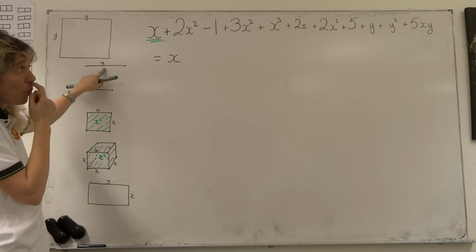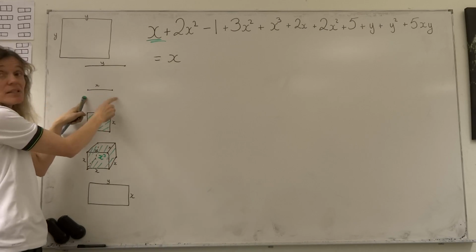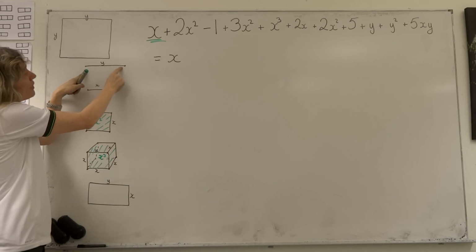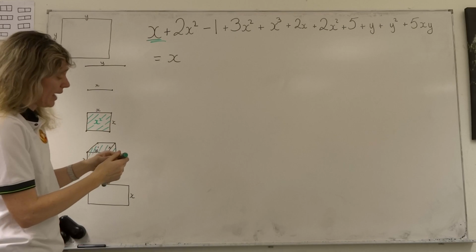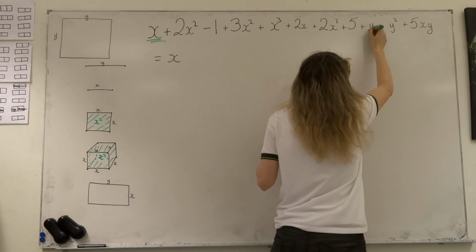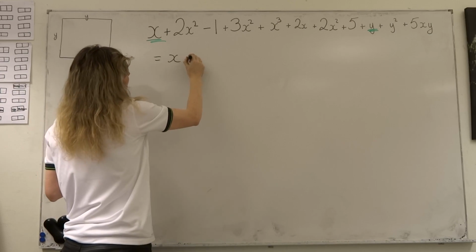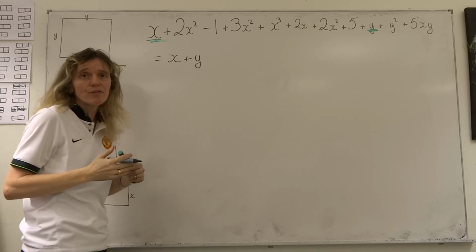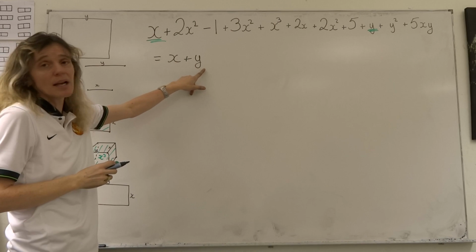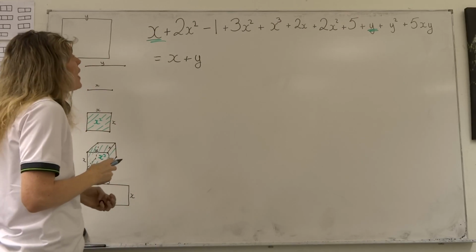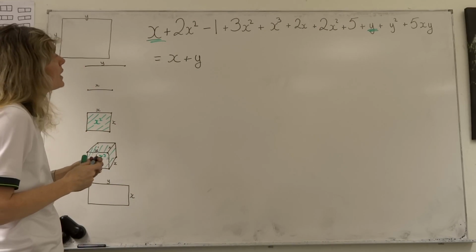Well, yes, I have a y length here. And notice it's a different length to x. So I have a length y. Where do I have that? I have 1 over here. And I only have 1, so I can't simplify over either of those. I don't know how big x is, and I don't know how big y is. They are variables. They could be any number.